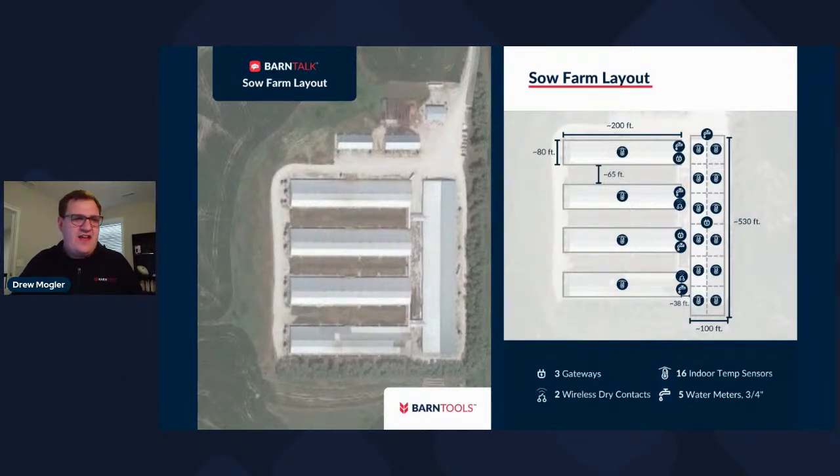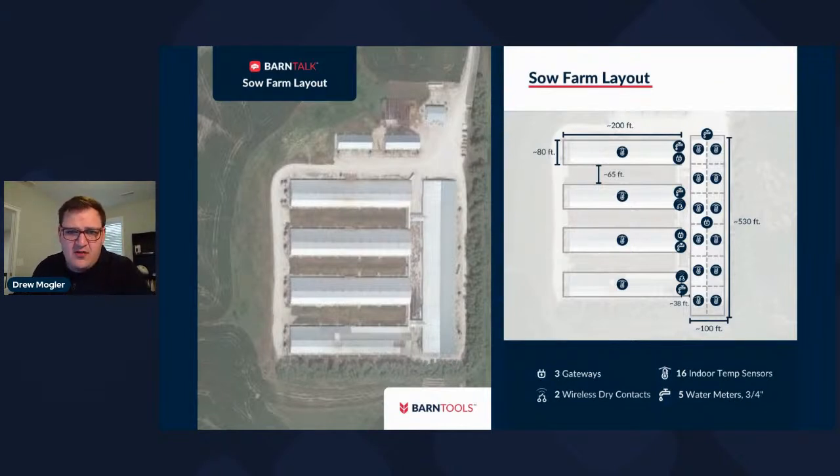And again, some of that depends on what you have for building materials, if they're steel walls, or if you have curtains. Curtain-sided barns are a little more forgiving for those wireless sensor signals to be able to go through, as compared to panel walls or steel on the side of those. So it kind of depends on your particular situation.